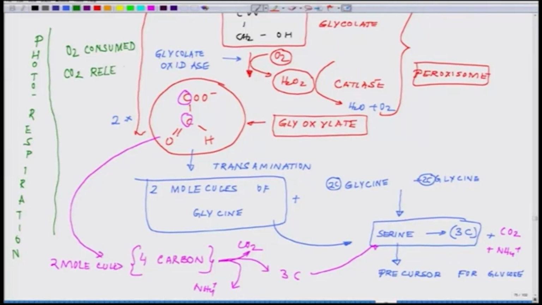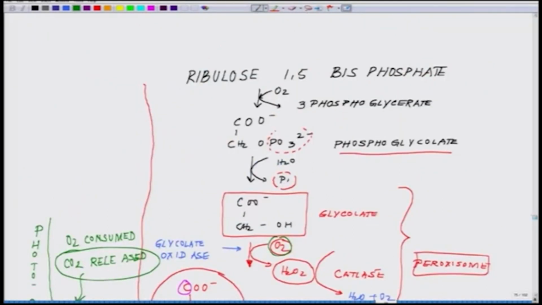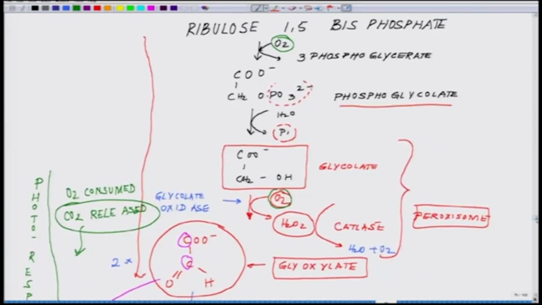Whereas what we were talking about earlier is CO2 being consumed to form carbohydrate, whereas oxygen is released. It is just the reverse. There are several steps where oxygen is consumed: here first, the next oxygen is consumed out here. So, oxygen is consumed in multiple steps.